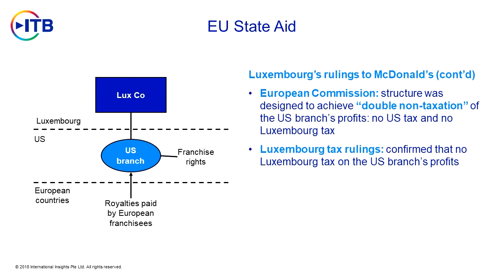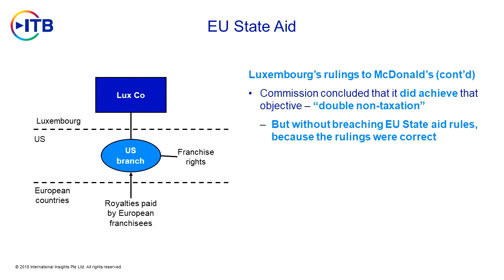It's those 2 tax rulings which were the focus of the state aid investigation. The Commission has now concluded that the structure did achieve its objective, double non-taxation, but it did so without breaching the EU state aid rules, and that's because the rulings were correct.